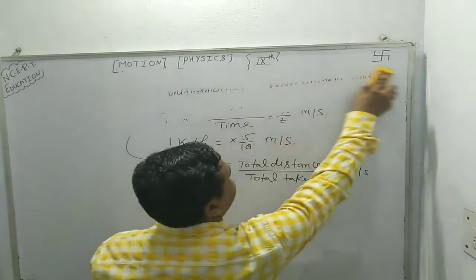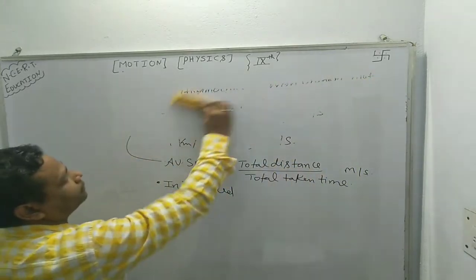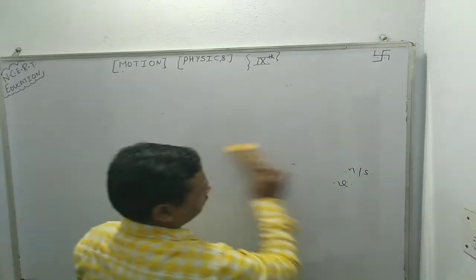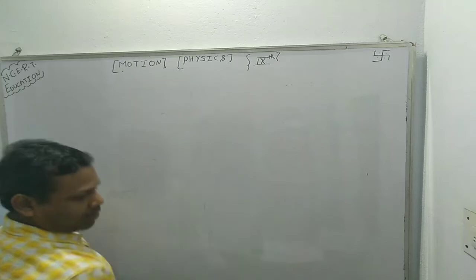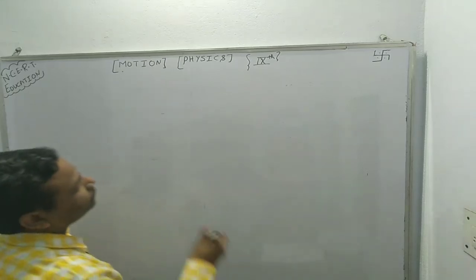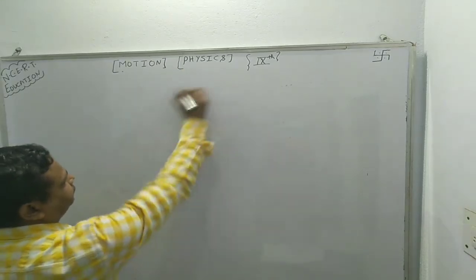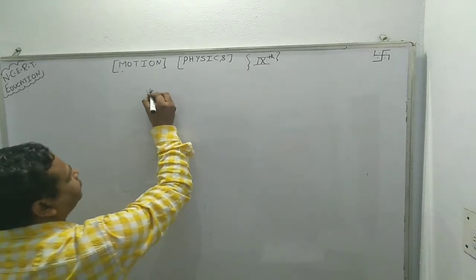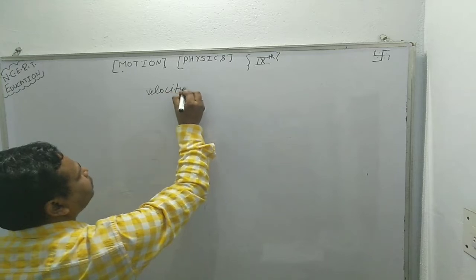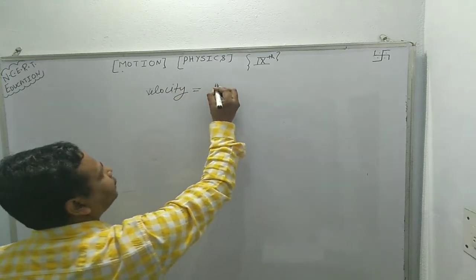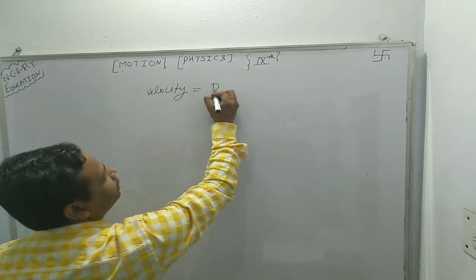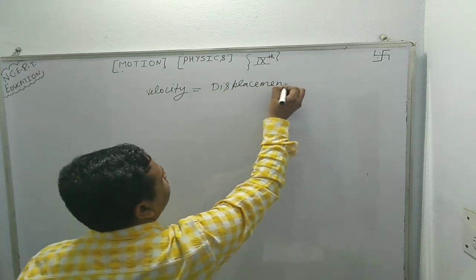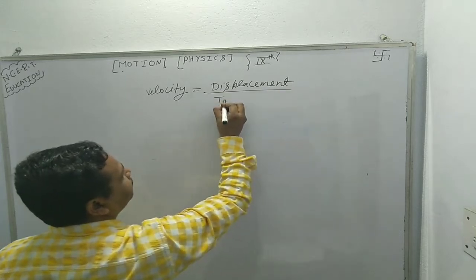velocity. Listen students, velocity is a vector quantity and its formula is displacement upon time.